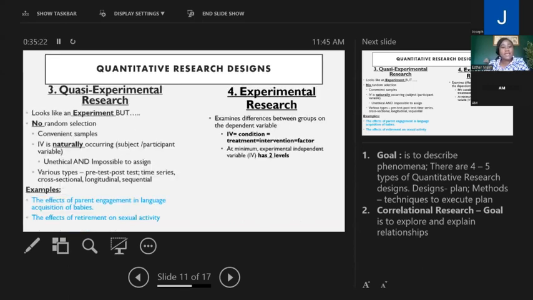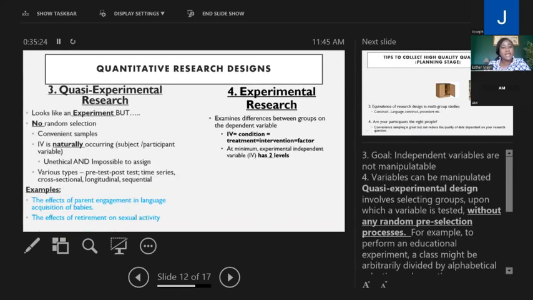Okay, now the third design is what we'll call quasi-experimental research, right? And the fourth one being experimental research. Now note, in all of these, your responses are oftentimes gathered in numerals, okay? As compared to qualitative research, where it's way more words, descriptors, symbols, and all of that.